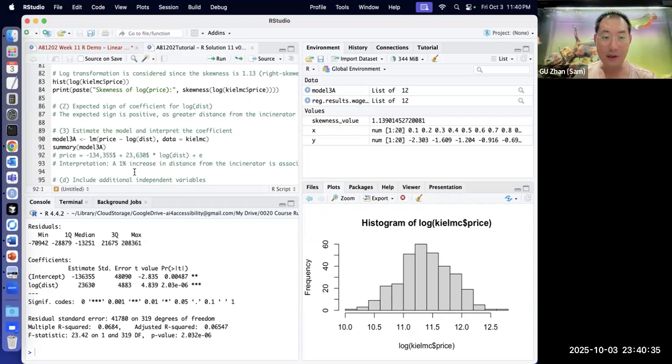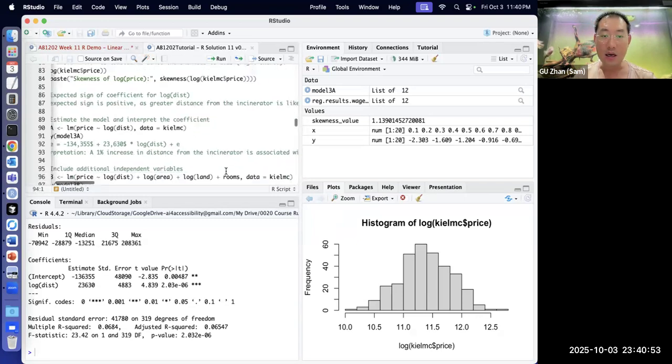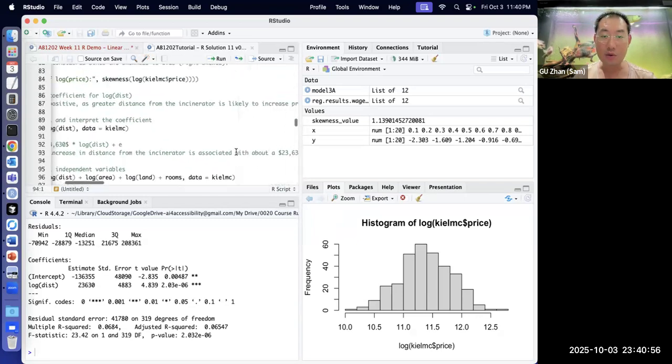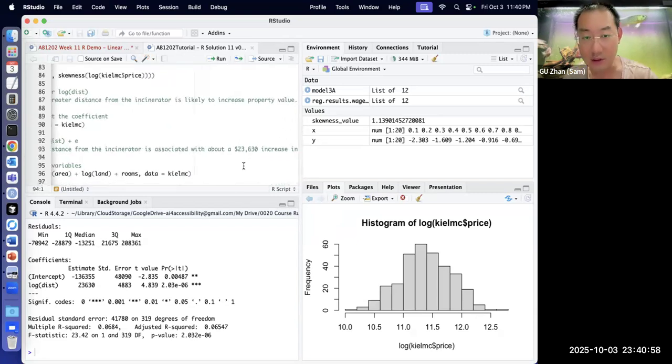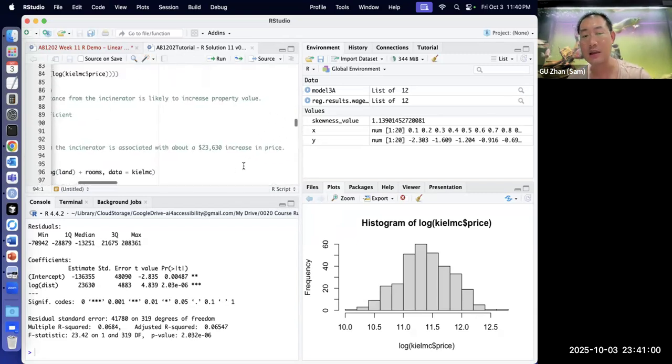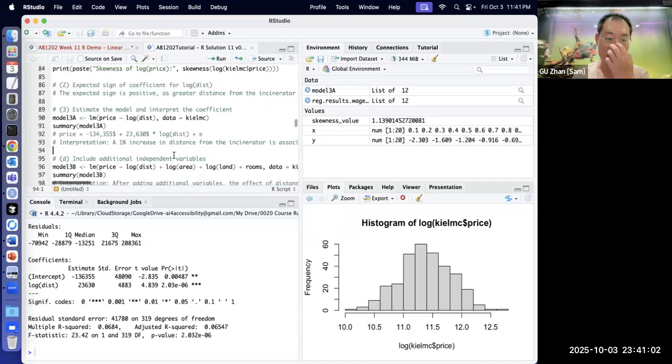So interpret: does both sides have log or only one side? Yeah, one side has log. So a 1% increase in distance from the incinerator is associated with about a $23,000 increase in the price.